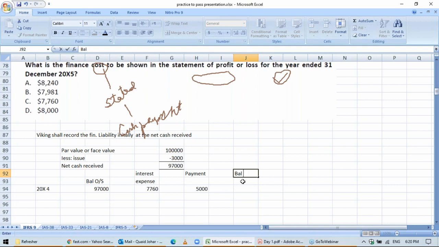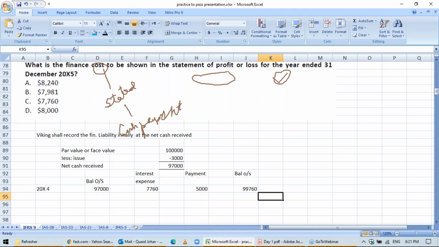So what will be the balance outstanding by the end of the reporting period? It will be 97,000 plus 7,760, which was the interest amount calculated at the effective rate, less the 5,000 Viking paid. So the balance outstanding by the end of the reporting period 2004 will be 99,760.